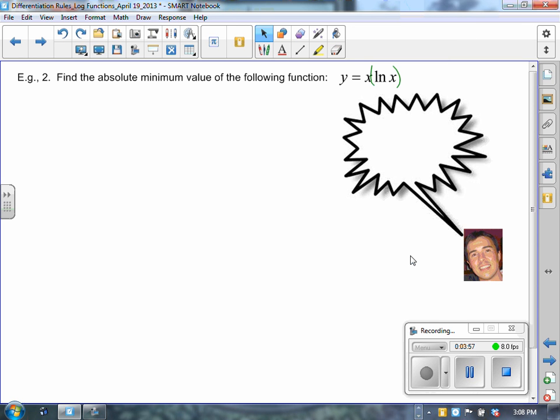So do take note that with some of these functions, log x, ln x, we know that there are restrictions on the domain. So even when we have a combined function like x multiplied by the ln of x, we do have to appreciate that there is a restriction on its domain. So we know that for ln x, x must be greater than 0.